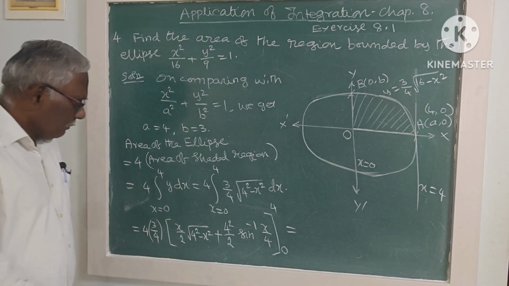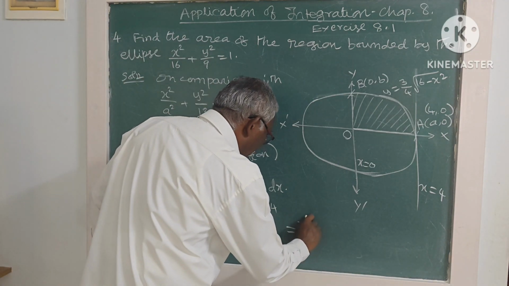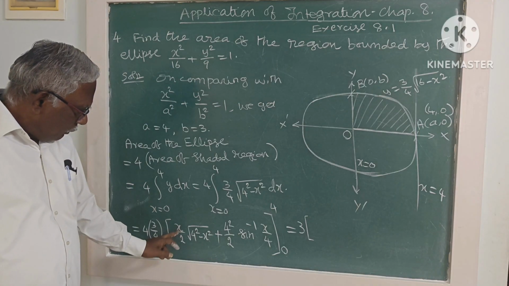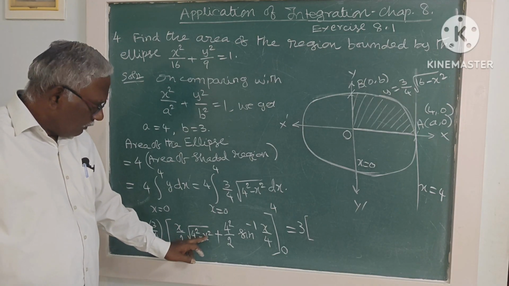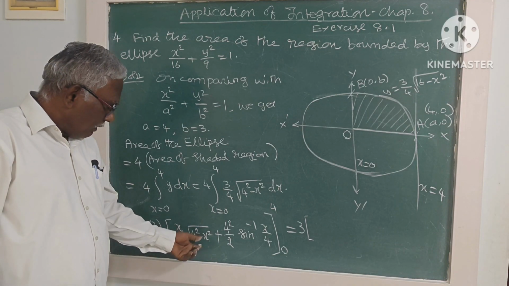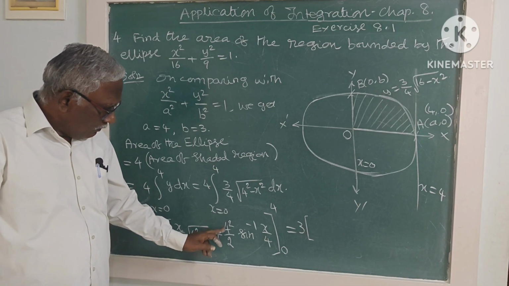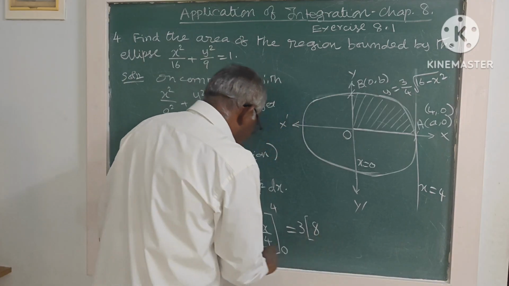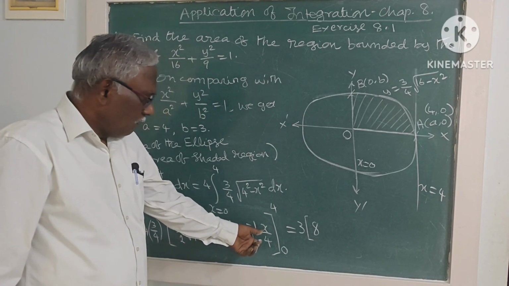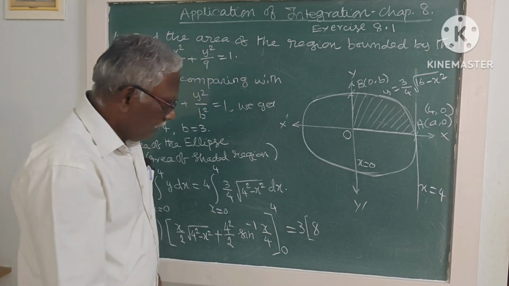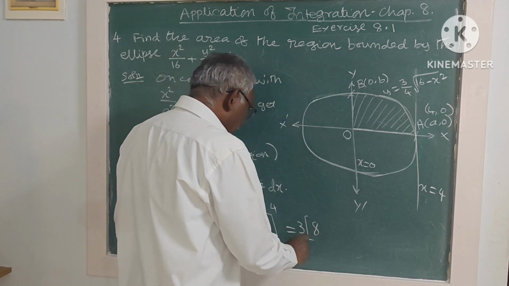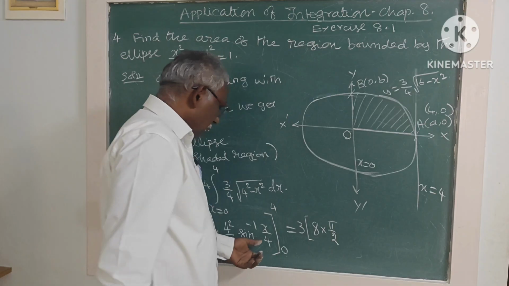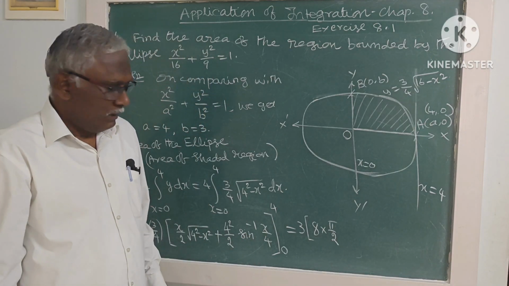So this becomes 3 times. Now substitute the upper limit, x is 4: 4 by 2 times square root of 4 squared minus 4 squared, so this will become 0. Then this becomes 4 squared by 2, 8 times sine inverse of 4 by 4, which is 1. Sine inverse 1 is 90 degrees, that is pi by 2, because sine 90 is 1.